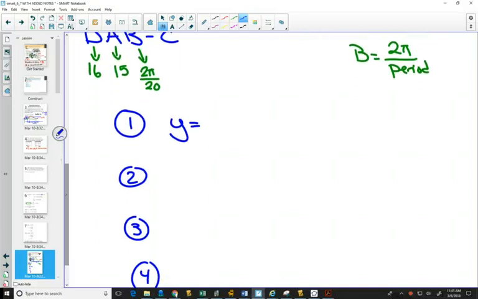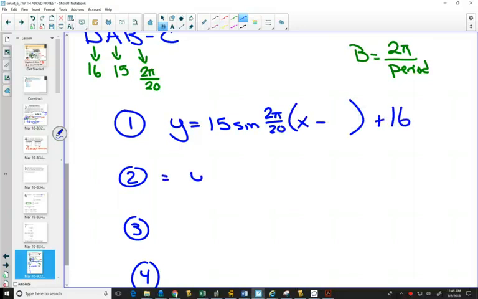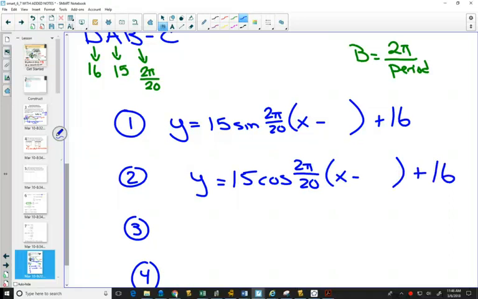For my sine graph, my A value will be 15. My B value will be 2 pi over 20. I haven't written in my C value yet, but my D value will be 16. For my cos graph, my A value will be 15. My B value will be 2 pi over 20. Haven't written in my C value yet. My D value will be 16. For my negative sine graph, my A value will still be 15.